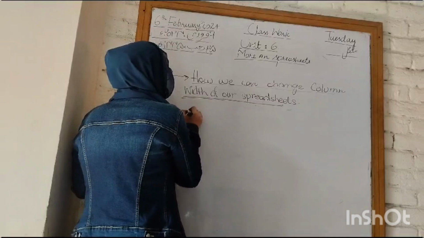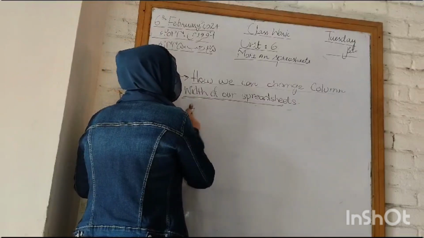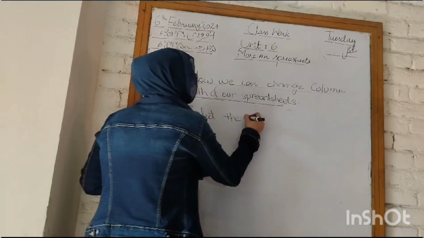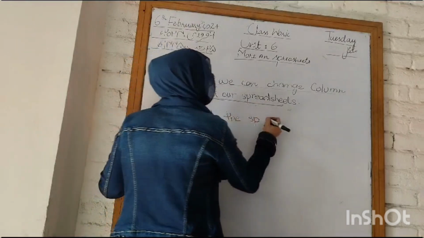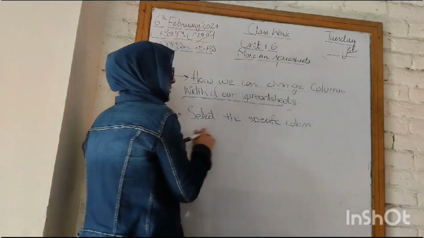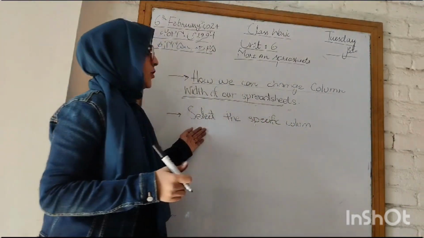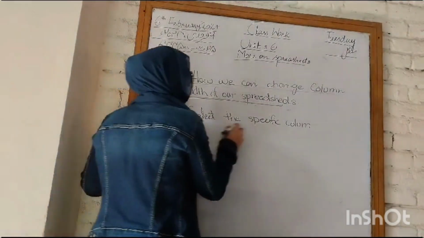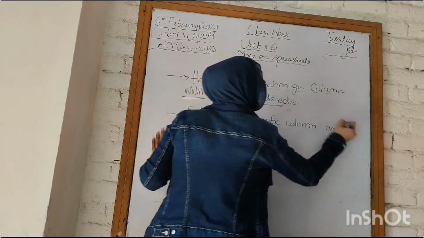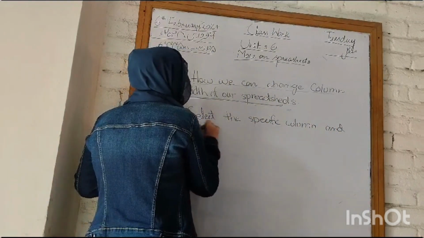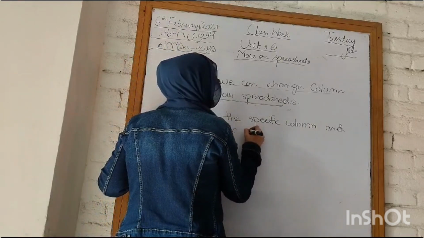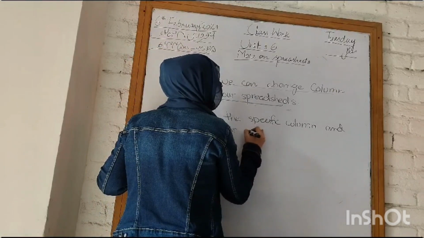How do we do it? Select the specific column whose width you want to change. These are the steps to change column width of the spreadsheet. Select the specific column and write your range.